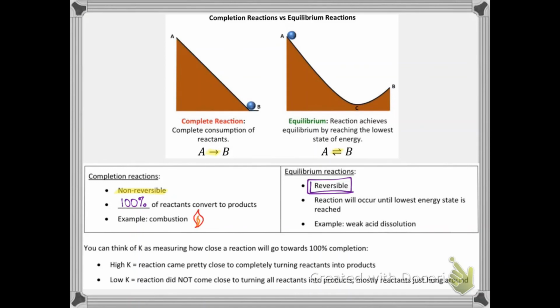So to have a conceptual understanding of K, it can be helpful to think of K as a measurement of how close the reaction goes to 100% completion. If you have a high value of K, the reaction came pretty close to completely turning reactants into products. But a low value of K, not so much. The reaction doesn't come close. In fact, the reactants are just mostly hanging around.